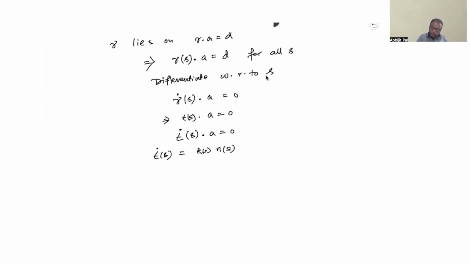Therefore kappa of s N of s dot product with a is equal to 0. And since kappa of s is not equal to 0, this implies that N of s dot a is equal to 0 for all s.